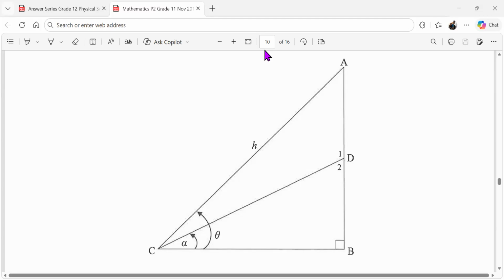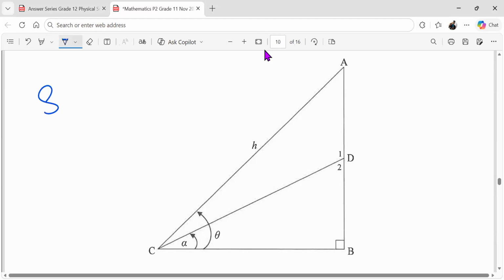The reason why I'm saying a right angle as well as an ordinary triangle, well, that's because we know that the trigonometric ratios can only be applied in a right-angled triangle. But in an ordinary triangle, you either use the sine rule or the cosine rule or the area rule. That's what I'm saying. Okay, fine.